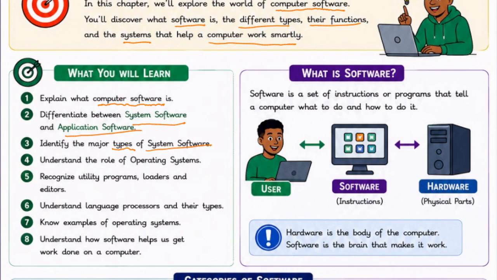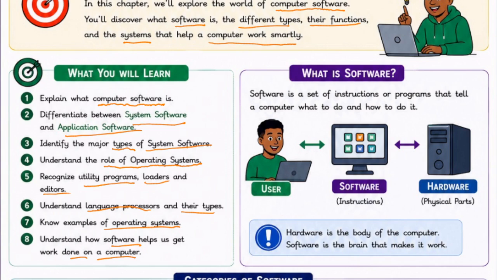You should understand the role of the operating system, which is the important one, recognize utility programs, loaders, and editors, understand language processors and their types, know examples of operating systems, and understand how software helps a computer get work done. Those are the 8 key learning outcomes, what you should be able to do after watching the chapter 3 video.